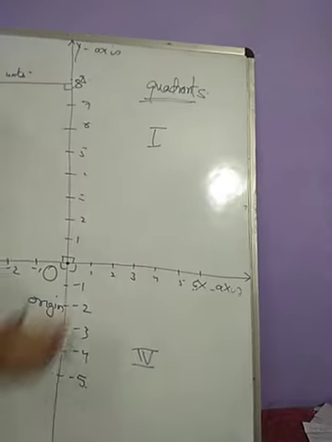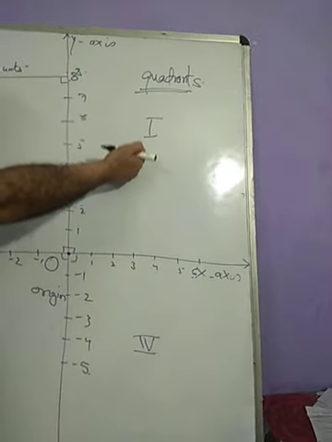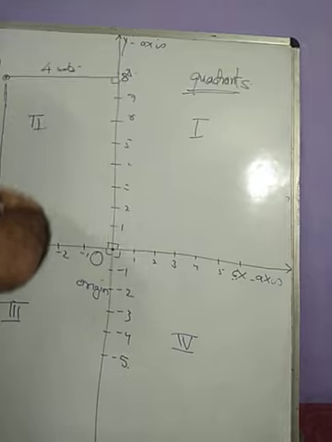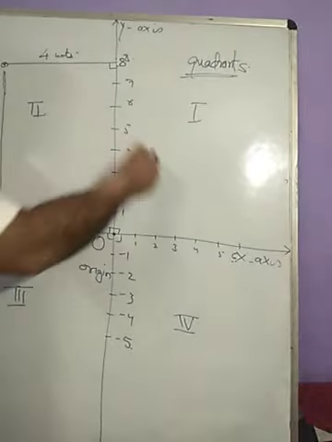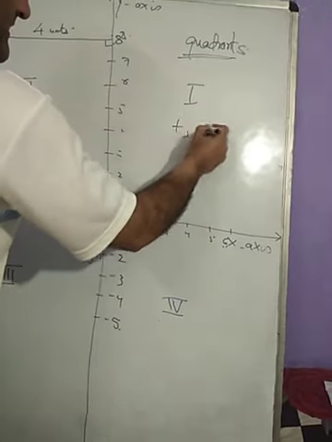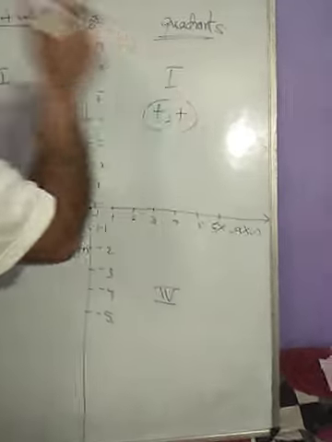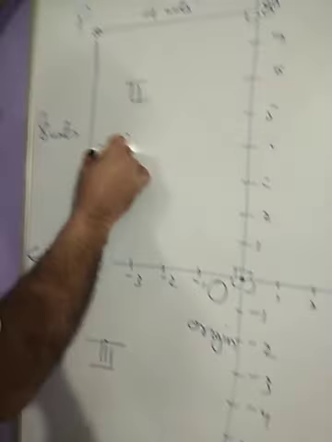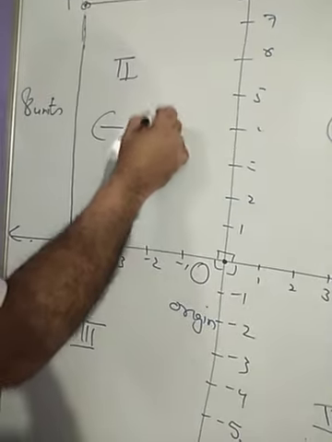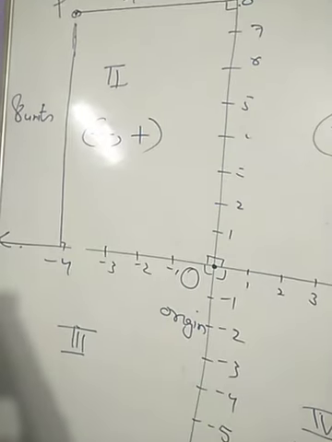In this case, first quadrant, then go anti-clockwise: second, third, fourth. In the first quadrant, both coordinates will be positive. X is positive, y is also positive. In the second quadrant, the x coordinate will be negative and the y coordinate will be positive.